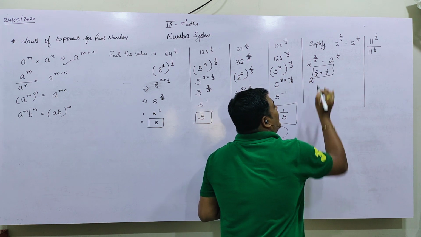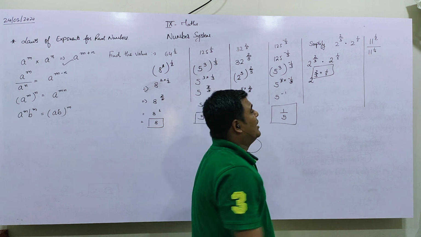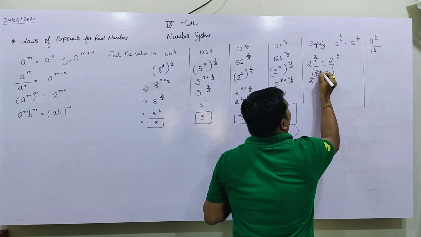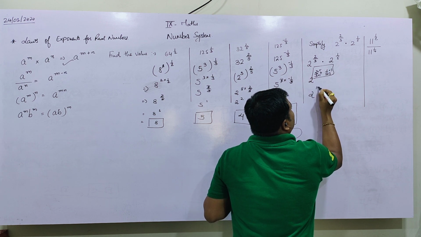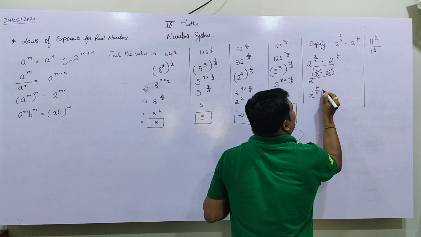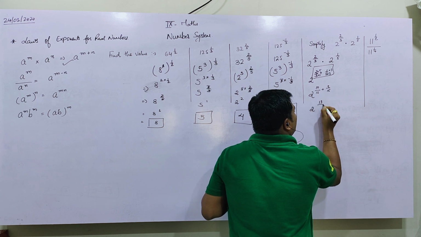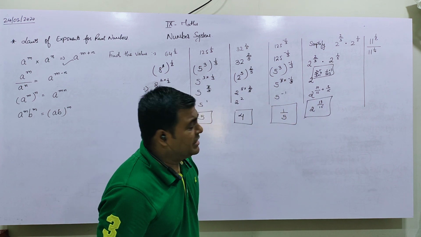We need to add 2 by 3 plus 1 by 5. We need to take the LCM. So LCM is 15. We get 2 to the power 10 by 15 plus 3 by 15. It gives us 13 by 15. This is our final answer: 2 to the power 13 by 15.